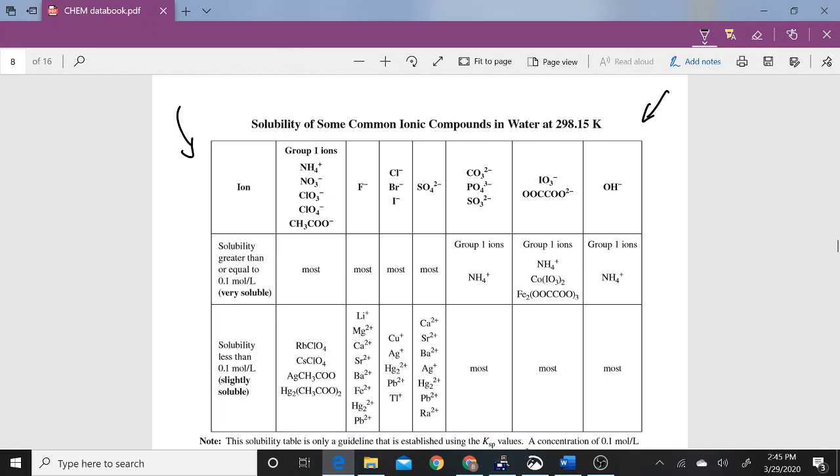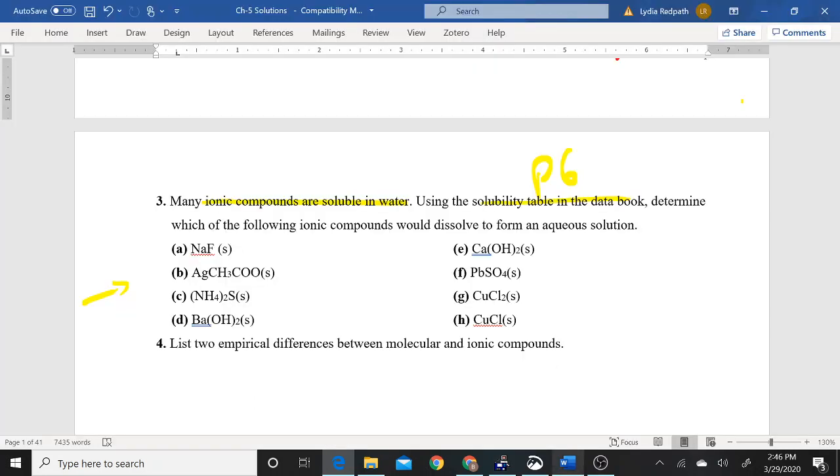Once we've found our negative, we scroll down and look for where our positive is. If it falls in this first row, it means it's very soluble, and we would put aqueous, because it would dissolve in water. If it's slightly soluble, it doesn't really dissolve very well in water, so we'd leave it as solid. If we put that in water, it would end up as just a solid clump.